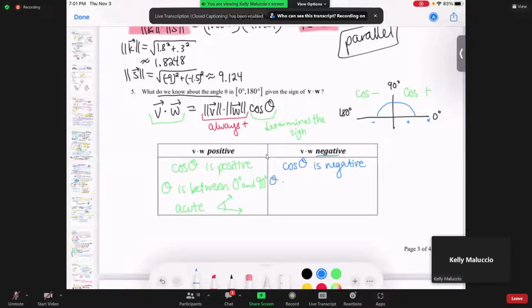That means theta is between 90 degrees and 180 degrees, and it's obtuse. So something like this.